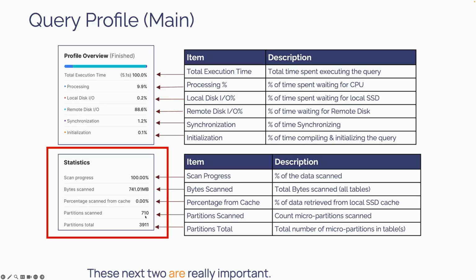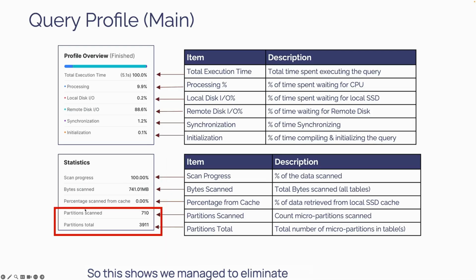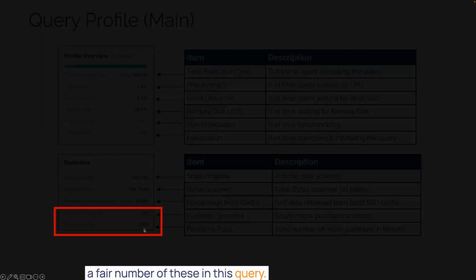These next two are really important. At the bottom, the partitions total is the total number of partitions in all of the tables in the query, and the partitions scanned is the number we needed to scan in order to satisfy our query. So this shows we managed to eliminate a fair number of these in this query.